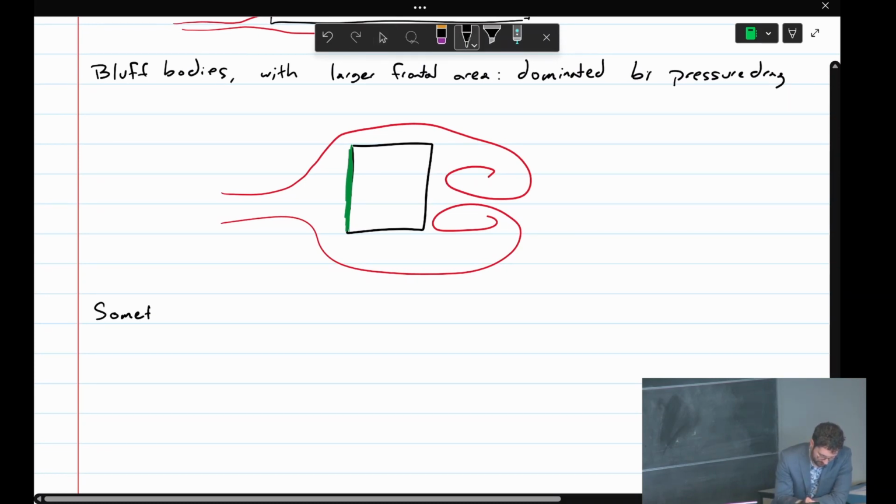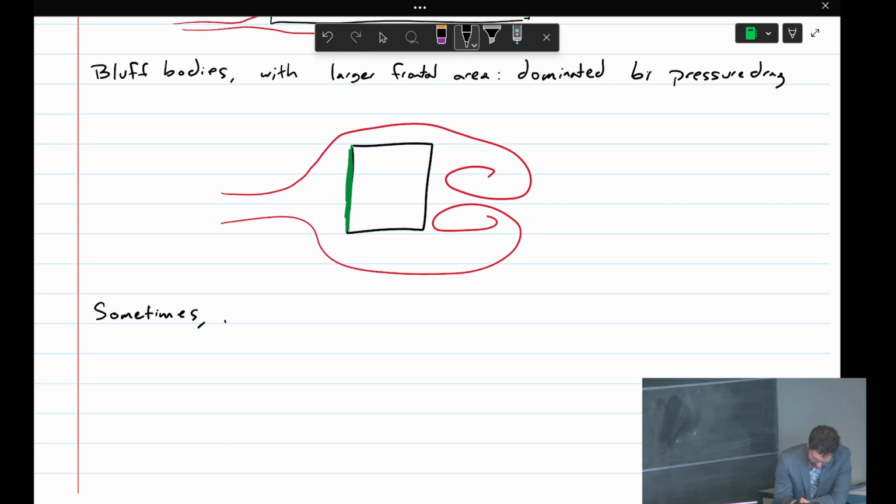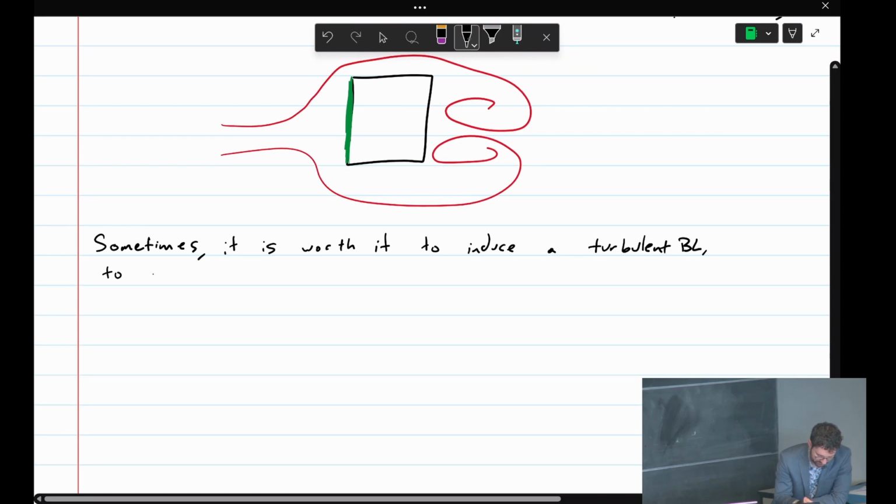Sometimes it is worth it to induce a turbulent boundary layer to reduce pressure drag.